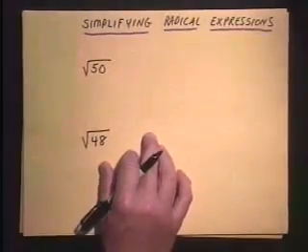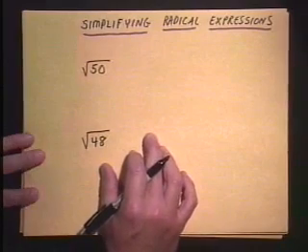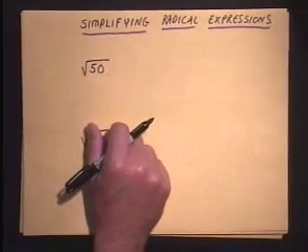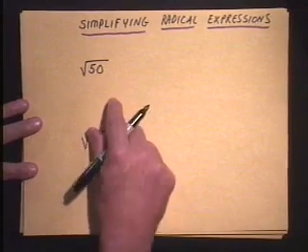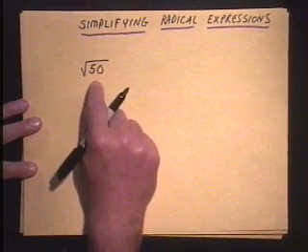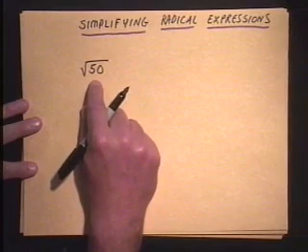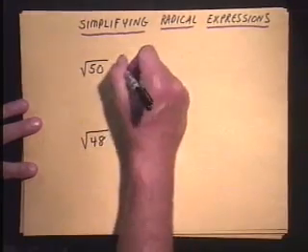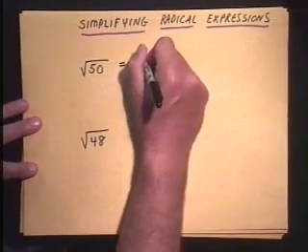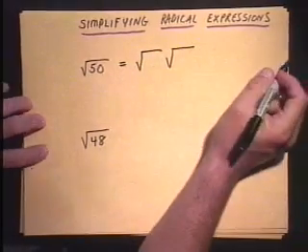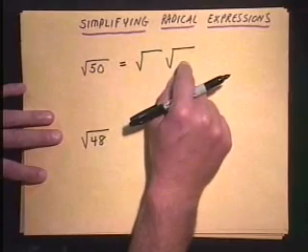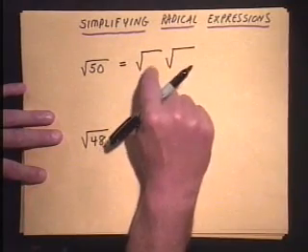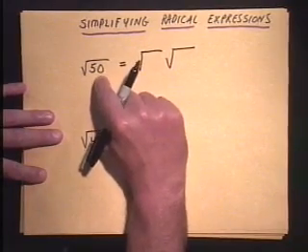All right, so let's go ahead and look at simplifying some radical expressions using this product rule here. On the square root of 50, we can break this thing apart. Anyone know a friendly square root that breaks 50 apart? Now, there's lots of things that break 50 apart. You could say 5 times 10, 1 times 50, but to simplify it, we want to look for those nice square root values.